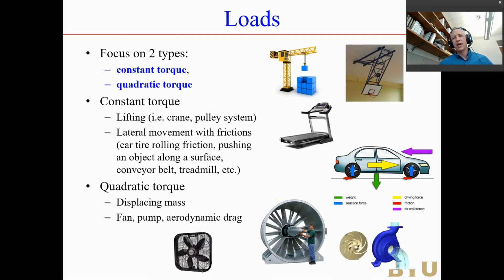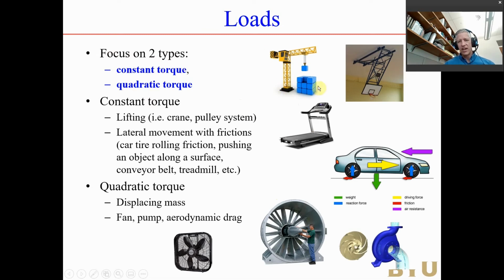So now let's talk about what we're doing with our motors, and this is going to be talking about these loads. There are two main types of loads that we're going to be focusing on. One is a constant torque, and one is a quadratic torque. Here are some examples of constant torque.